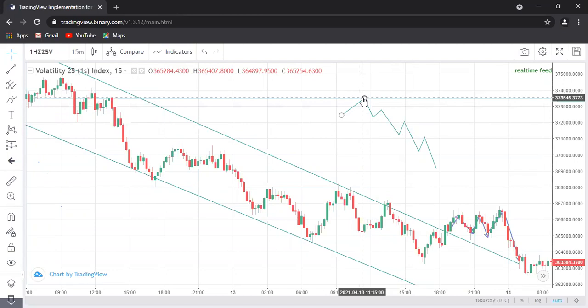The market is coming from this place, reaches here. Don't expect the market to break this one easily. Even if it breaks this one easily, it doesn't guarantee that the market is going to sell for a long time. The market will come back.